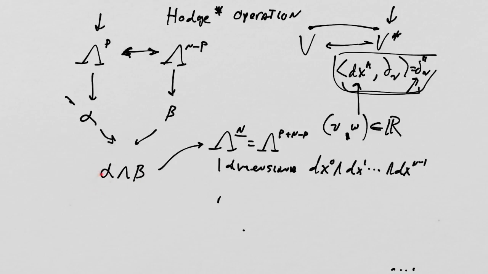So we know that no matter what this is, it can always be expressed as dx0 wedge dot dot dot wedge dxn minus 1 times some real number. Since we're holding alpha fixed, I'm going to attach it to alpha, but that real number is obviously going to depend on what beta we choose. It depends on what alpha and beta we choose.